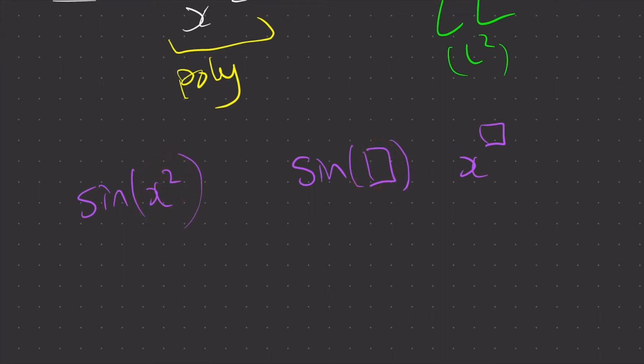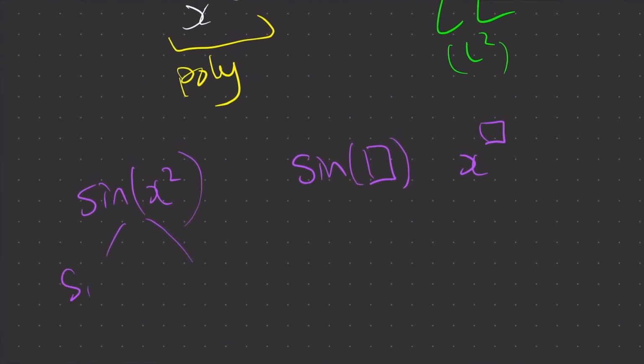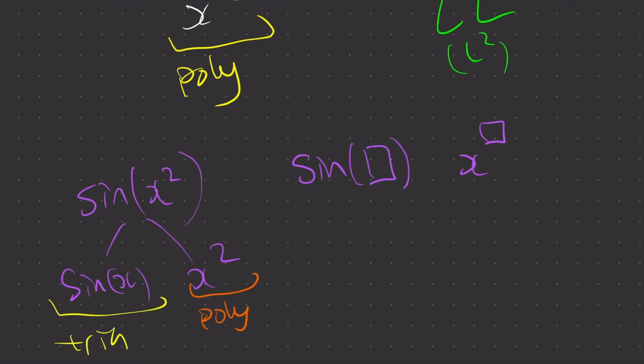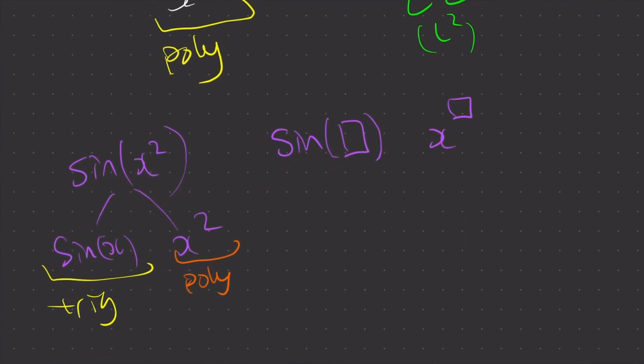So this can be broken down into two function types: sine x and x squared. Function type number one is polynomial, and function type number two is trig. So you can see that there is a function inside a function.